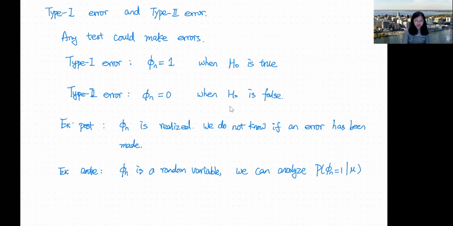In contrast, when the null hypothesis is false but your test doesn't reject it, your test should reject it because it is false, but it doesn't, then your test is making an error, and that kind of error is called the type 2 error. So type 1 error is sometimes called the false rejection, and the type 2 error is sometimes called the false acceptance.